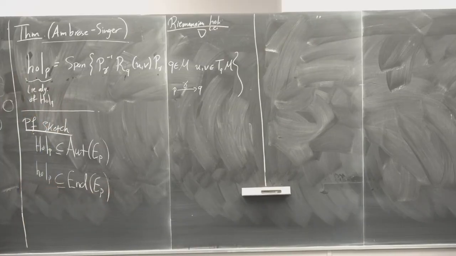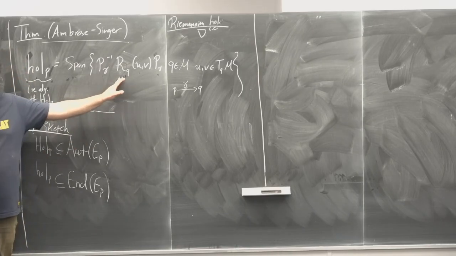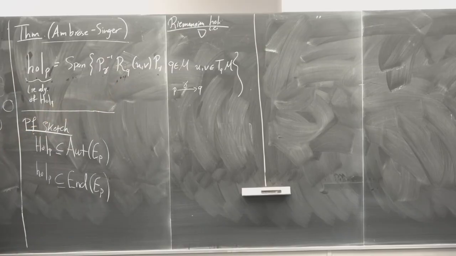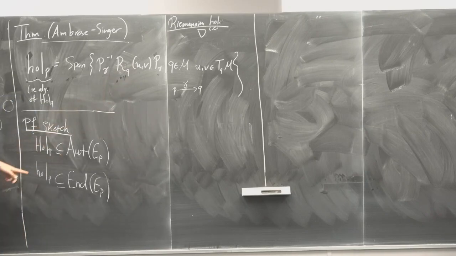Okay. And recall that basically the curvature tensor eats two vectors and gives us an endomorphism of E_P. And so this actually makes sense to talk about.